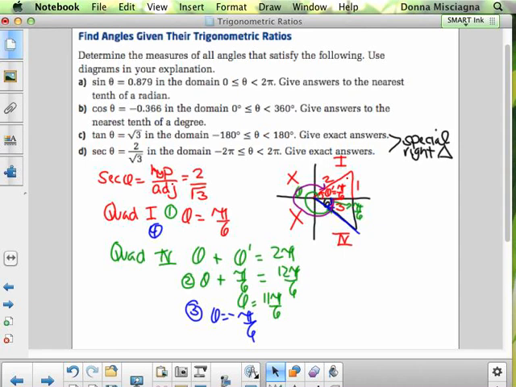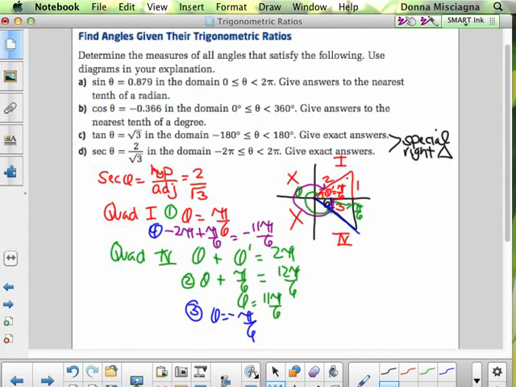So how far did we go? If we went the whole way, we would have gone a full circle, negative 2 pi. But we didn't quite go a full circle, because we stopped pi over 6 away. So negative 2 pi plus pi over 6, that's the same as negative 12 pi over 6 plus pi over 6, so that's going to be negative 11 pi over 6.